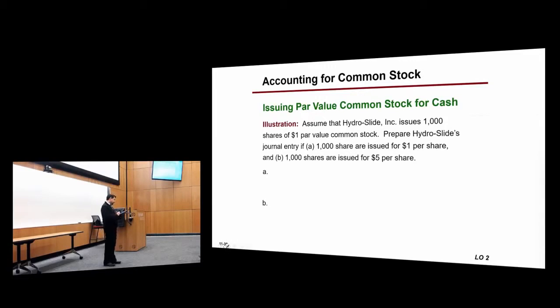Cash will be debited 1,000. Common stock will be credited every time if it is a par value common stock. So in this case, common stock will be credited 1,000. This is par value.